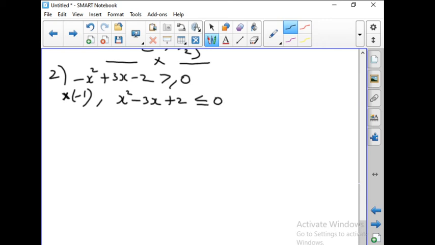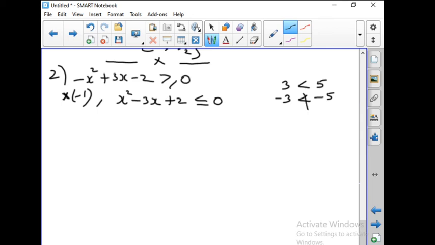Okay, why does it become less than? Do you remember? You would have studied in a lower class. 3 is less than 5. But what about −3? Is −3 less than −5?